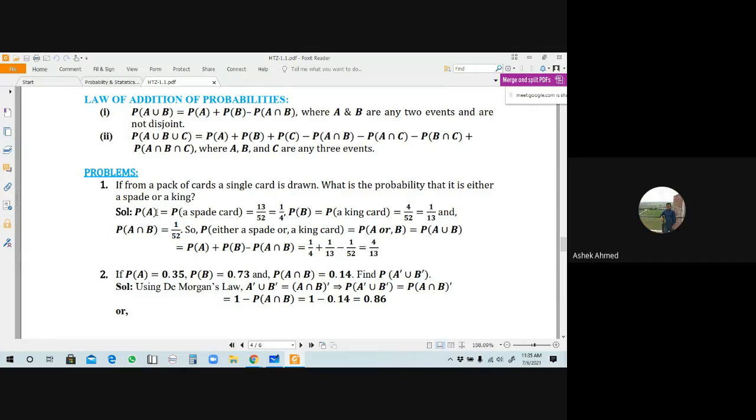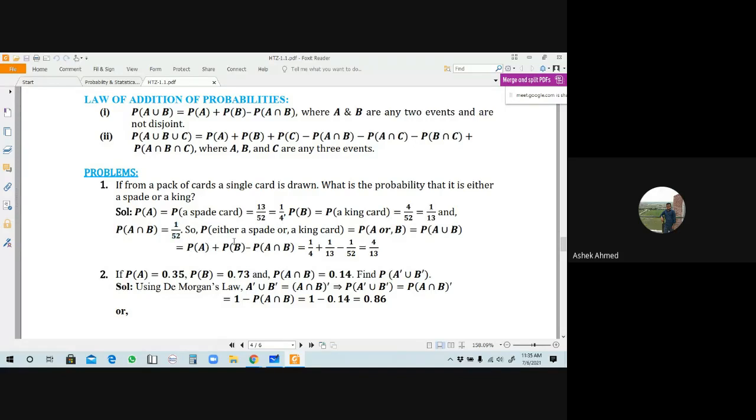So from here we can say that if we take the event for a spade as A, this will be 13 by 52, and the event for a king card, this is B, whose probability will be 4 by 52. Here intersection of A and B, the common card between a spade and king, will be 1, which probability will be 1 by 52.